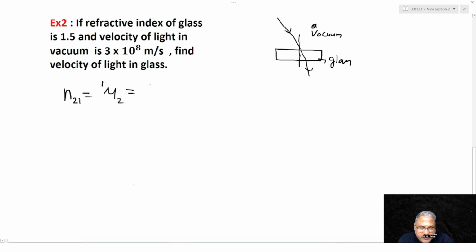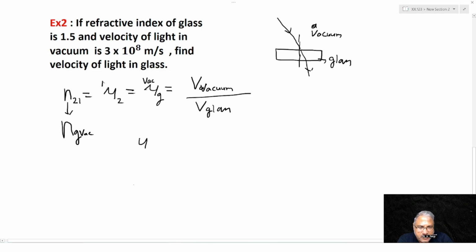Therefore, the same symbol can be written as refractive index of glass with respect to vacuum, and this is equal to the velocity of light in vacuum upon velocity of light in glass.